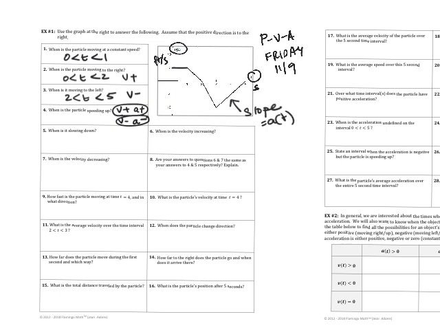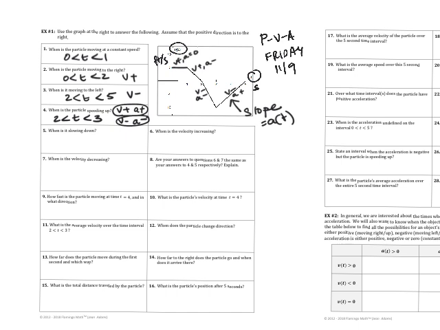Okay, so when we are looking at the graph and trying to see when the object is speeding up, we're looking for positive velocity and positive acceleration, which never happens, because here we have positive velocity, 0 acceleration. Here we have positive velocity, negative acceleration. Here we have now negative velocity, negative acceleration. And over here, negative velocity, positive acceleration. So the only time when the particle is speeding up will be from t equals 2 to t equals 3 seconds.